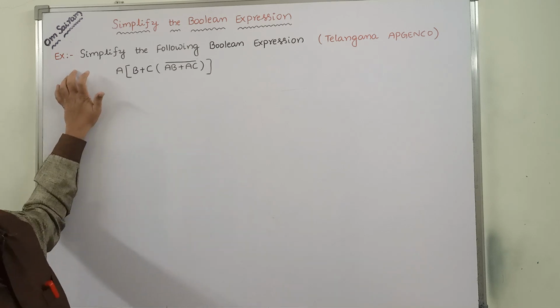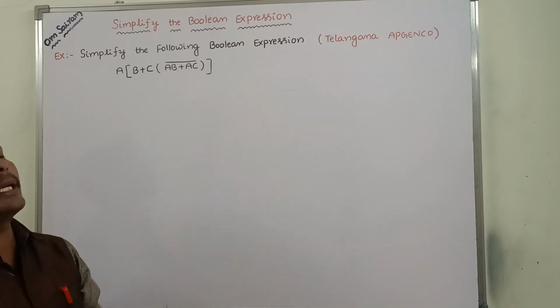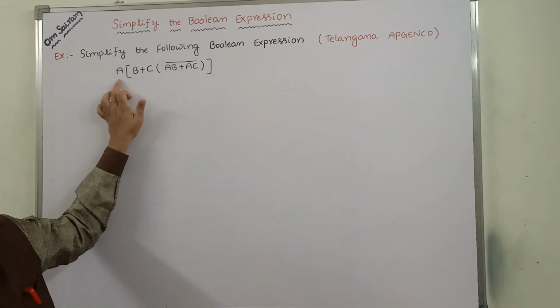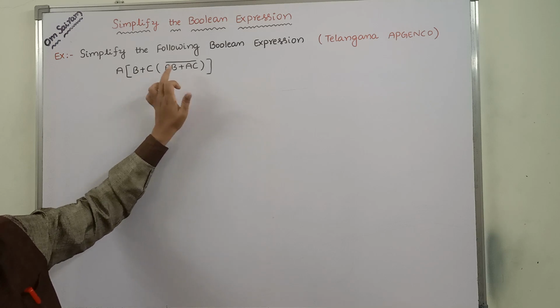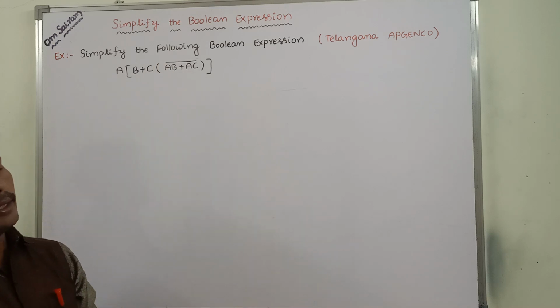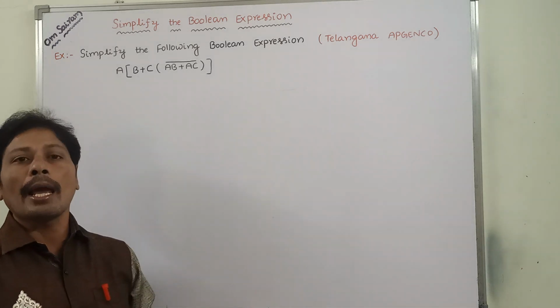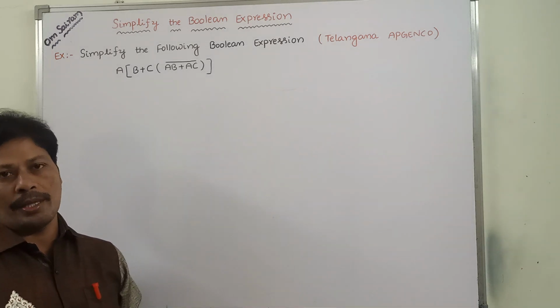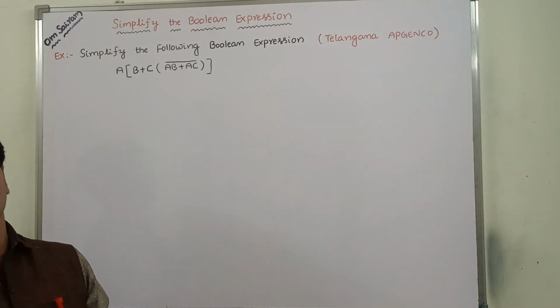The given example problem is to simplify the Boolean expression A into (B plus C) into (AB plus AC) whole bar. This question can be asked in the Telangana AP Genco examination. So how to solve this Boolean expression using Boolean algebra laws?